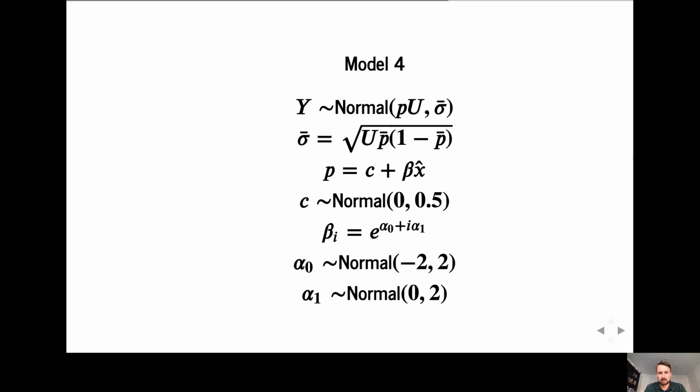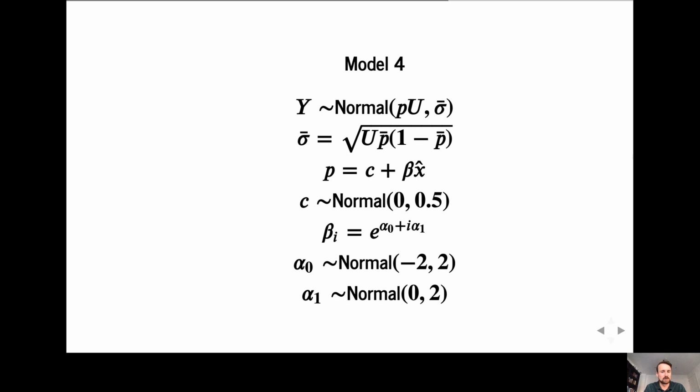This is our approach. Instead of estimating an individual effect for each amount of impressions, we choose a functional form, which takes alpha 0 plus I times alpha 1, and takes the exponent of those.